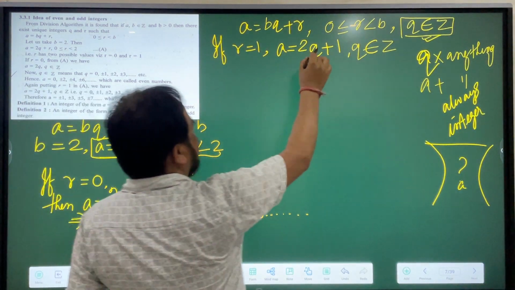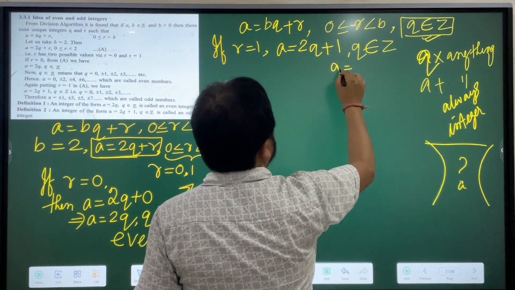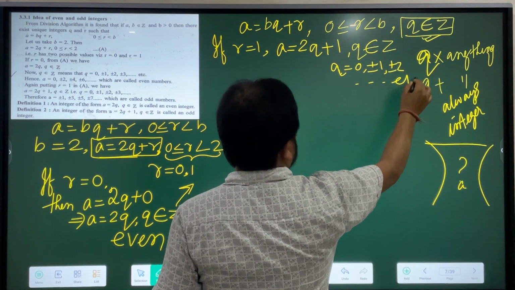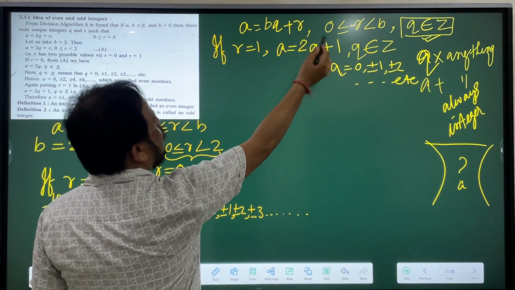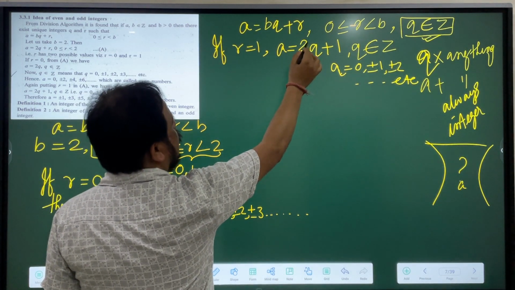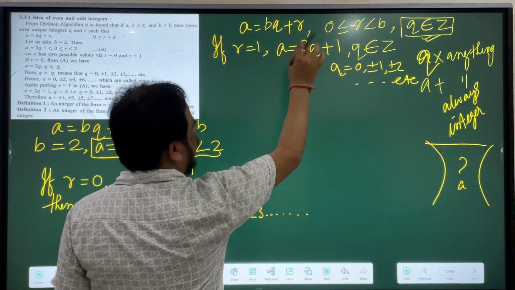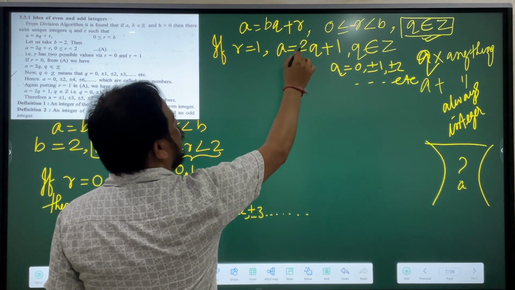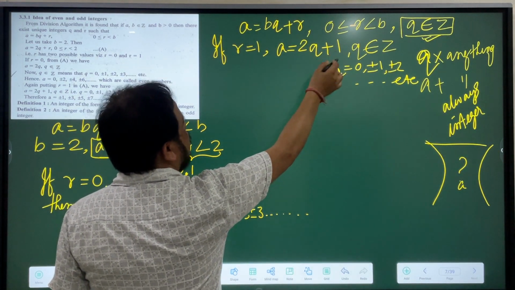Here also Q is equal to 0, plus minus 1, plus minus 2, etc. 2Q plus 1. 2 into 0, 0, plus 1 is 1. 2 into 2, 4, plus 1 is 5. 2 into 3 is 6, plus 1, 7.